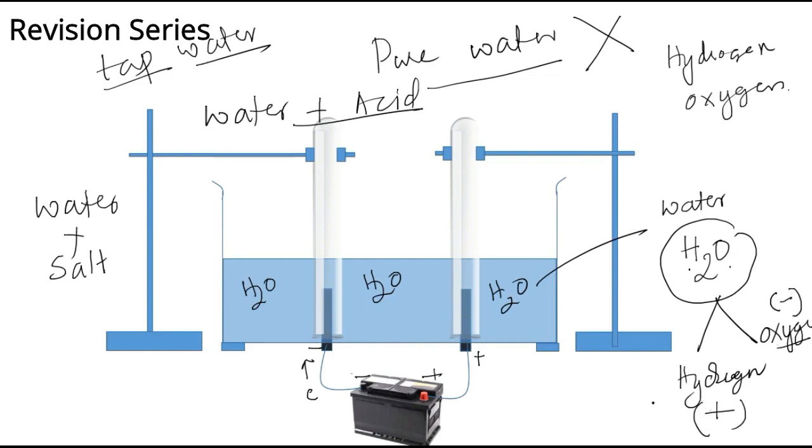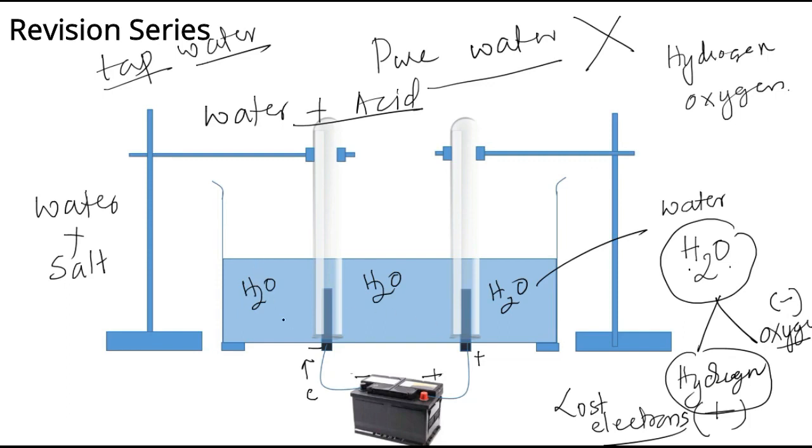Let us not go into detail about this. Why has this become a positive charge? Because it has lost some electrons. When the electrons are lost, the atom becomes positive, and when the electrons are gained, the atom becomes negative.